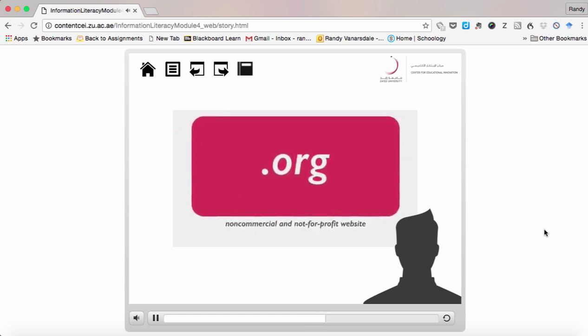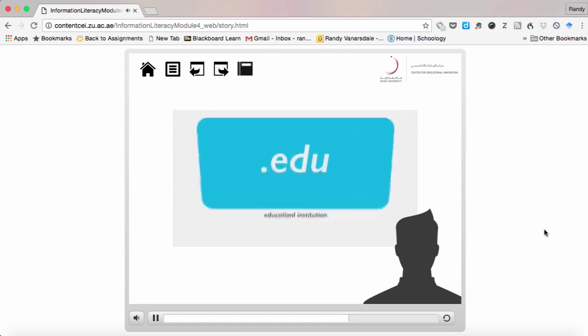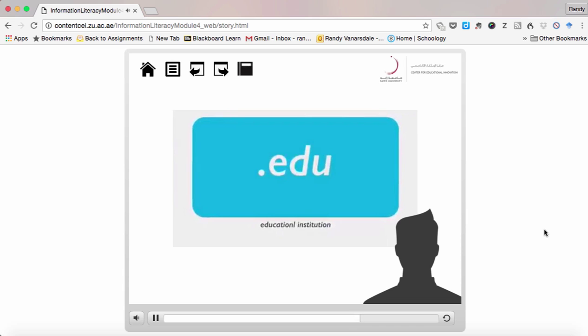Still, pay attention to ideological biases. .edu means this website is for an educational institution, and in general, these are reliable. .ae is a country code for the UAE, and these government websites are also usually reliable.